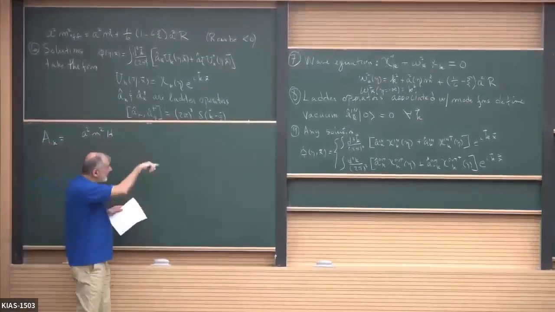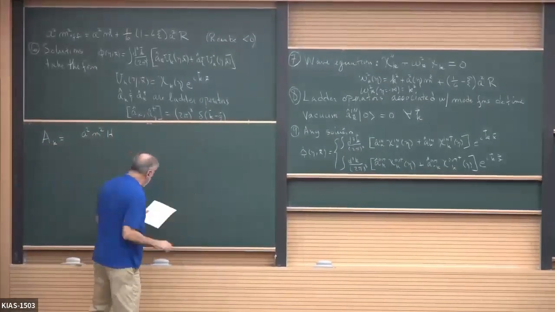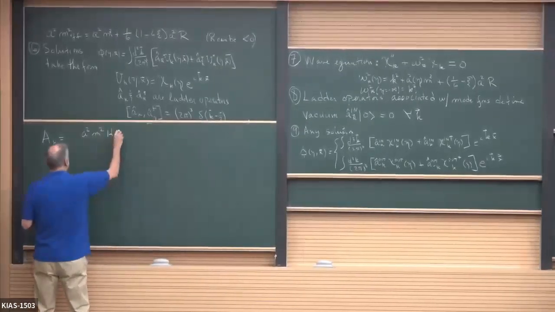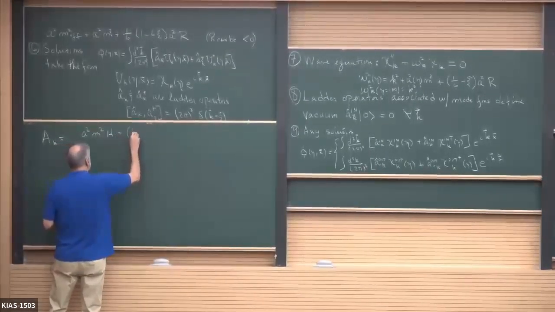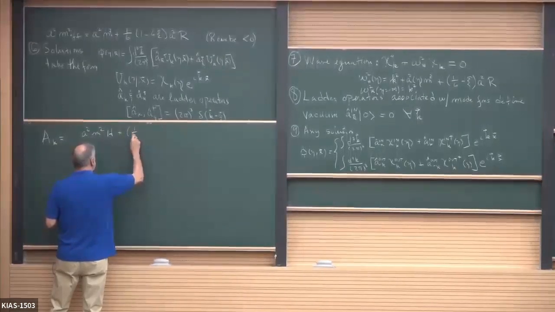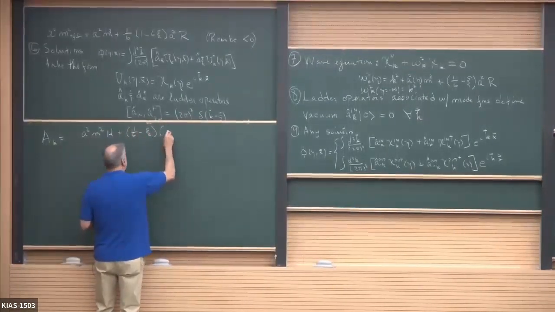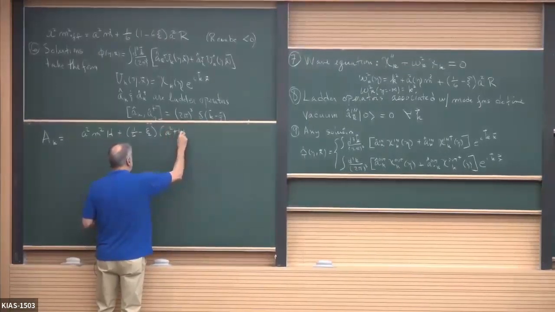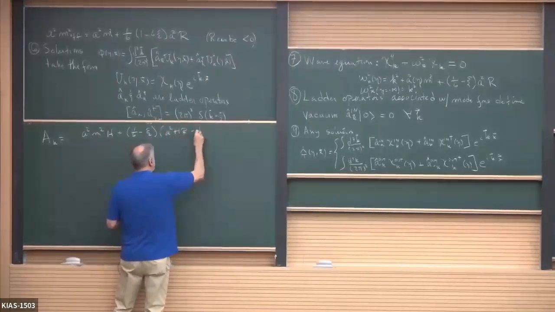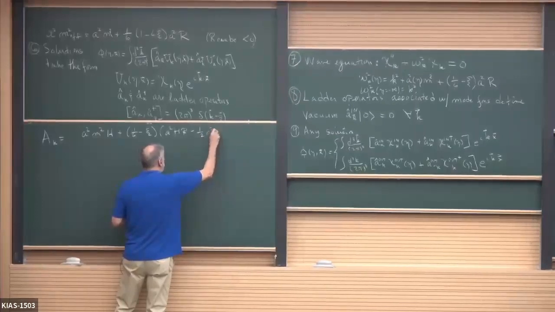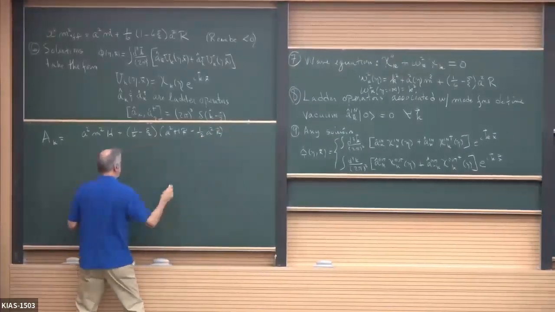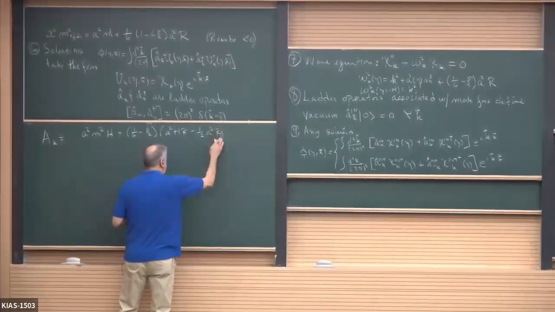So this is just taking the derivative of omega k squared. And this is r prime.